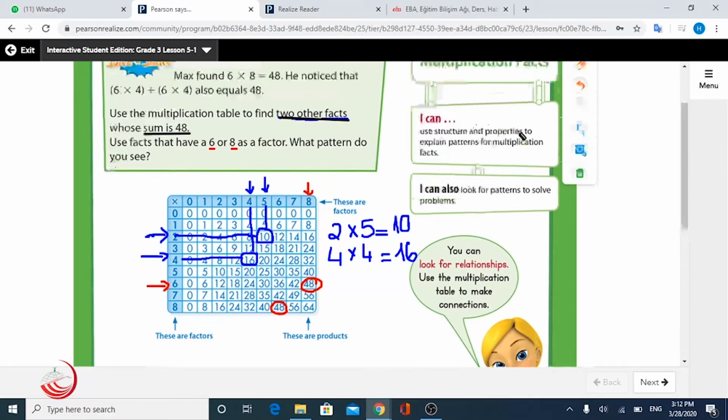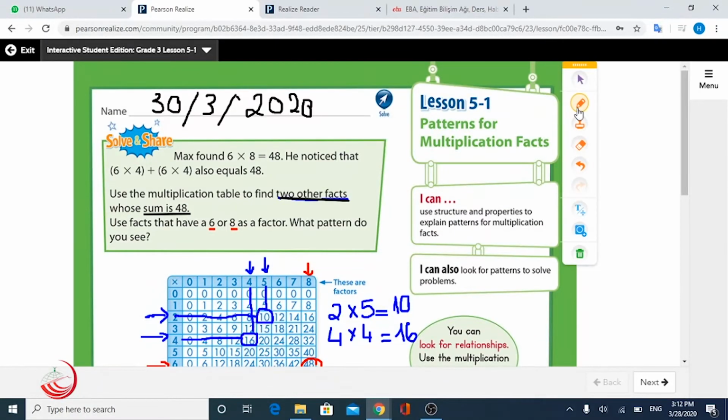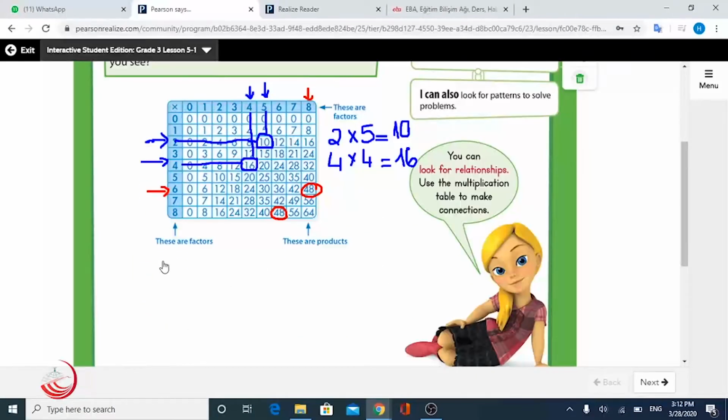Now let's look at the row of 6, but I need to change the color to clarify the problem. I will look at the table. I will need to find two products. We agreed that all the unshaded numbers here are products.